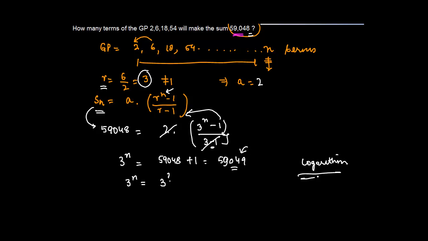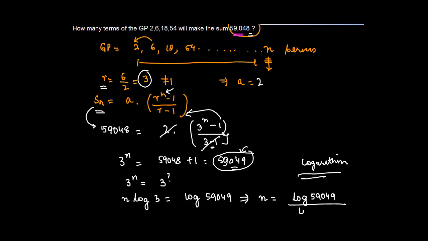So what we can say here is that n log 3 is equal to log 59,049. Or we can say that the value of n is equal to log 59049 divided by log 3.